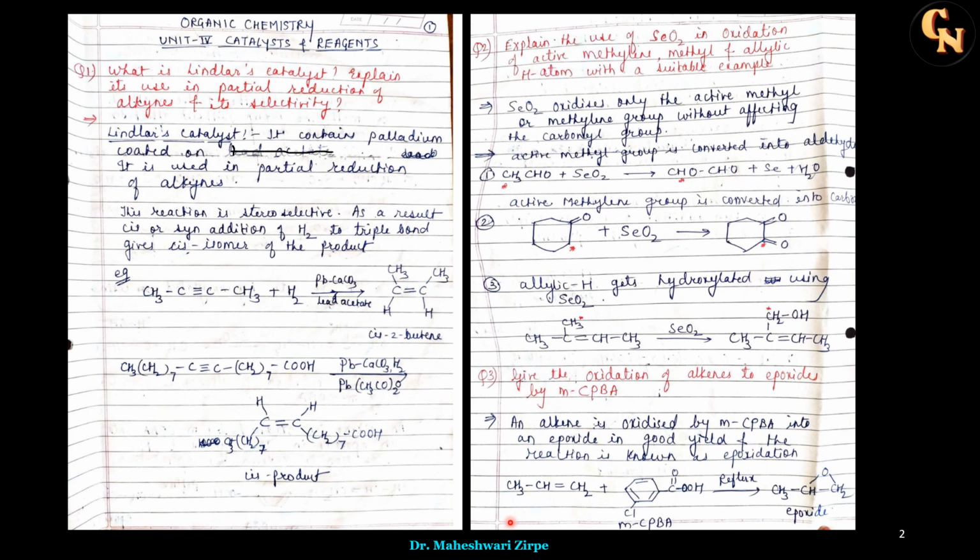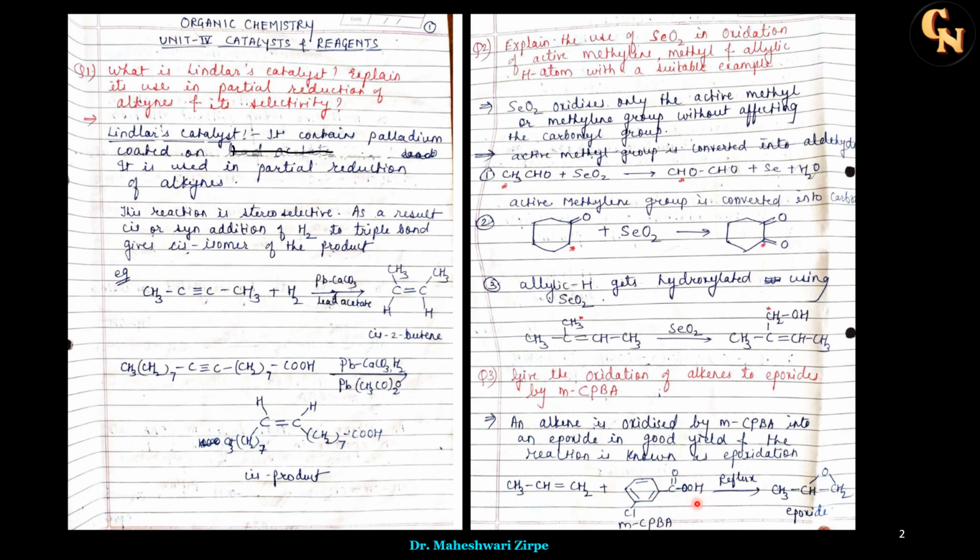The example you can see here is 1-propene, CH3-CH=CH2, when it reacts with the reagent, that is MCPBA, metachloroperbenzoic acid.